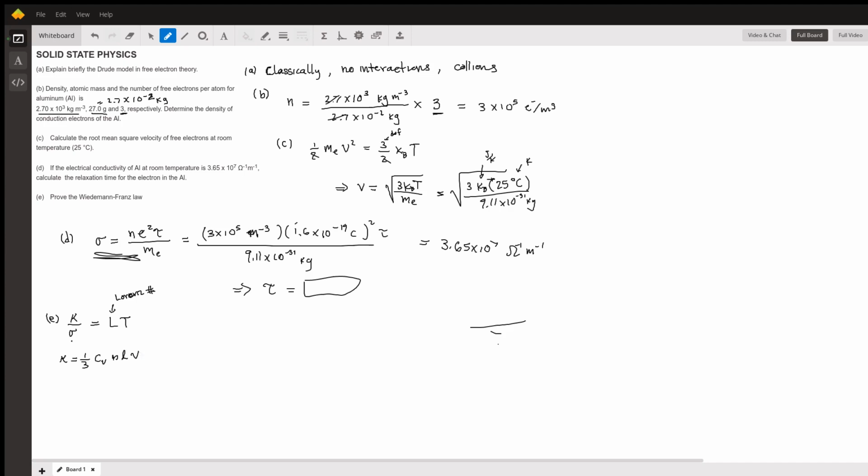So let's plug in. Kappa over sigma is going to be 1/3 heat capacity, number density, persistence length, and v. And then let's substitute for tau. It's going to be the persistence length divided by our velocity.